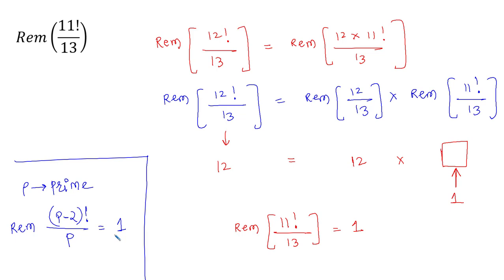Now let's have a look at the third example. We are supposed to find the remainder of 10 factorial divided by 13. As per our previous calculation, we know the remainder of 11 factorial divided by 13.